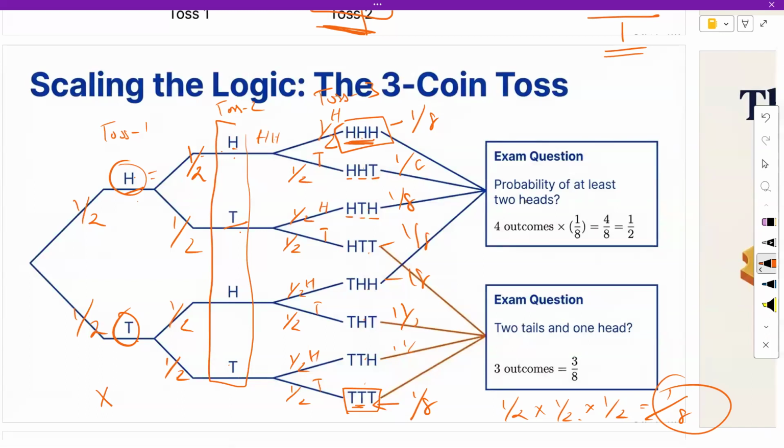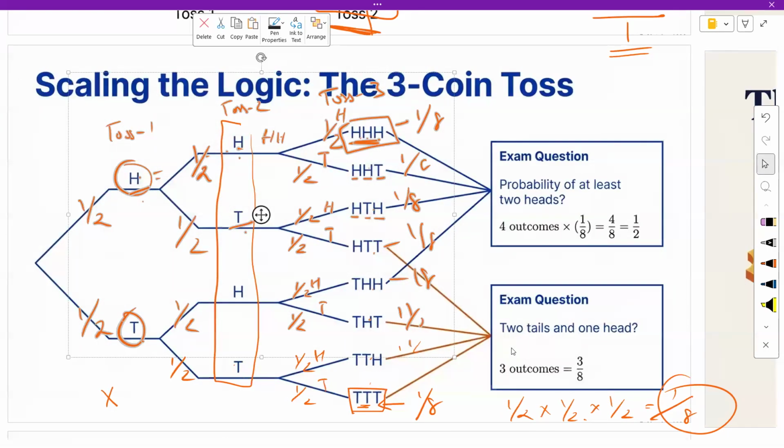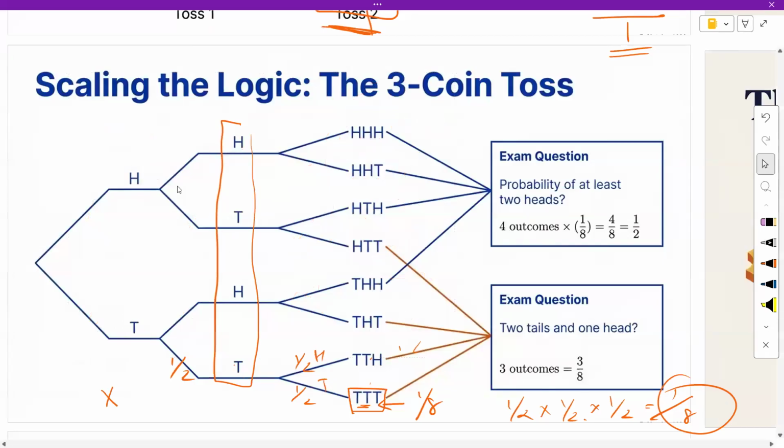Now the question: what's the probability of getting at least two heads? What are the outcomes we can consider?